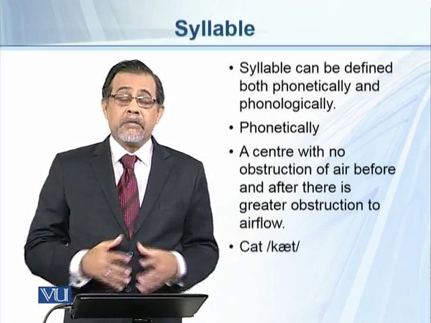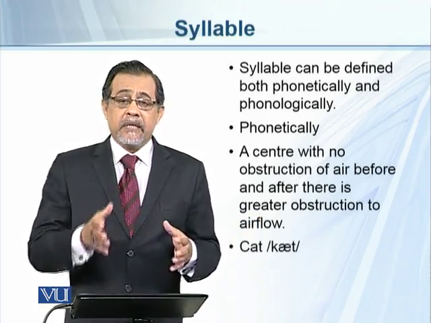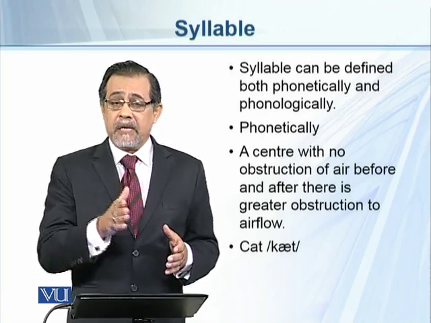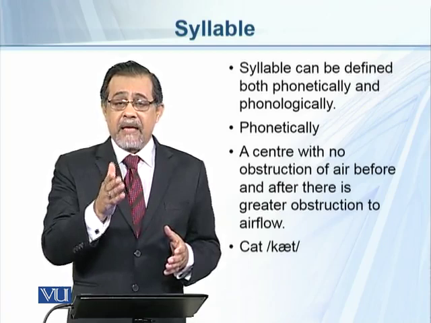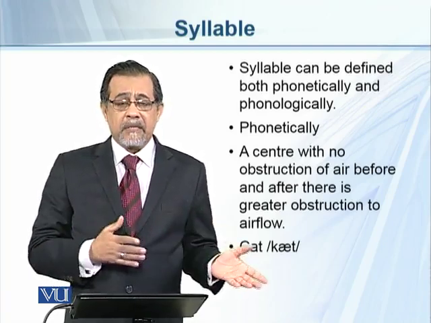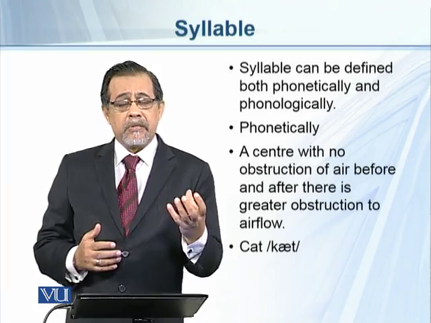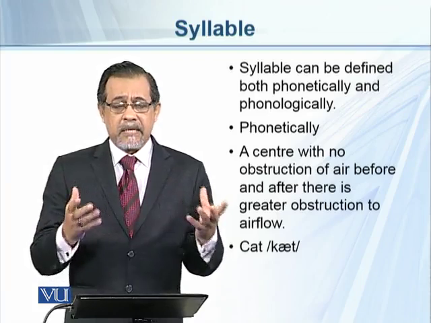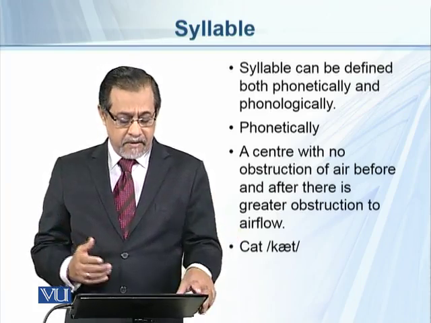For example, let's look at the word cat. The centering sound of this syllable is the vowel a, and it has no obstruction of air, whereas the first sound is the consonant k, it has obstruction of air, and t, it has obstruction of air.